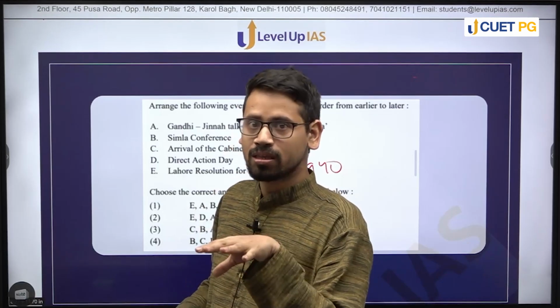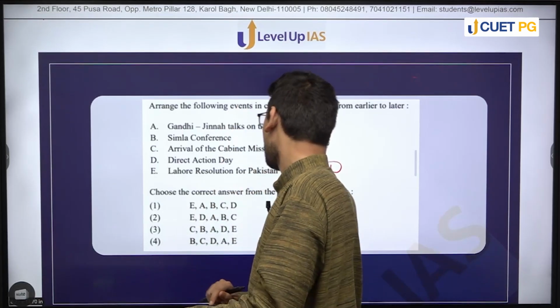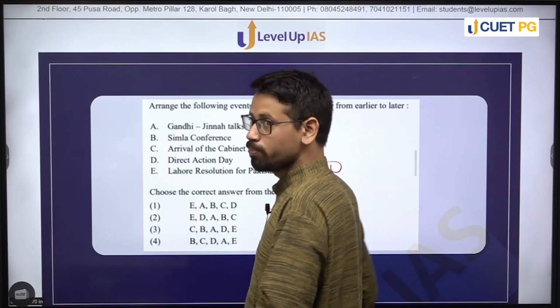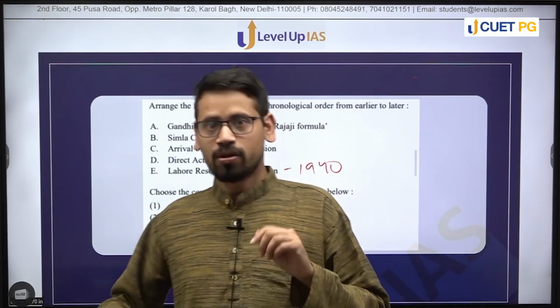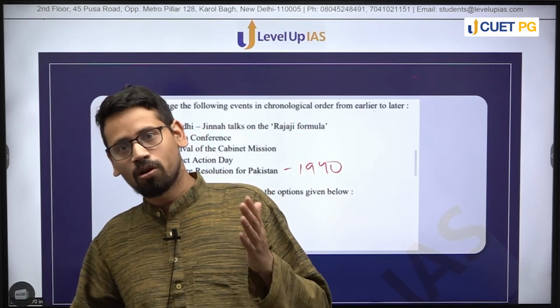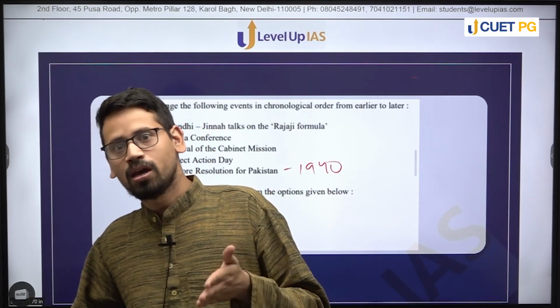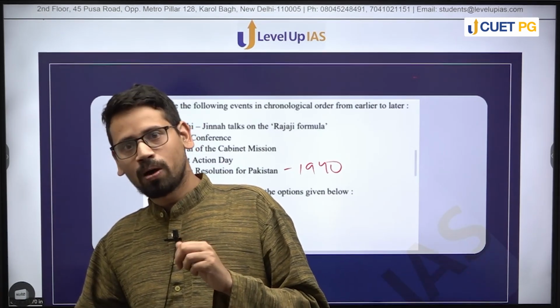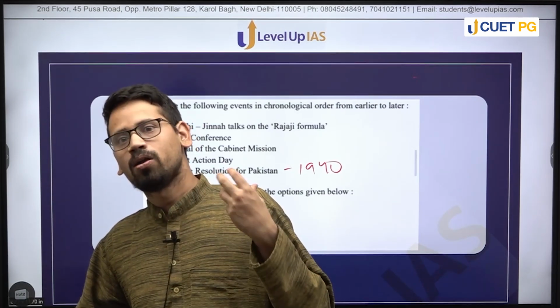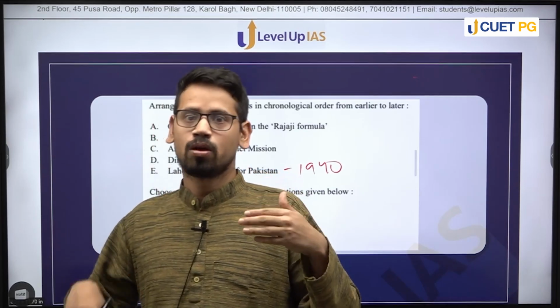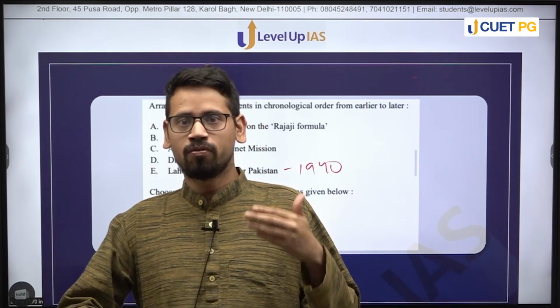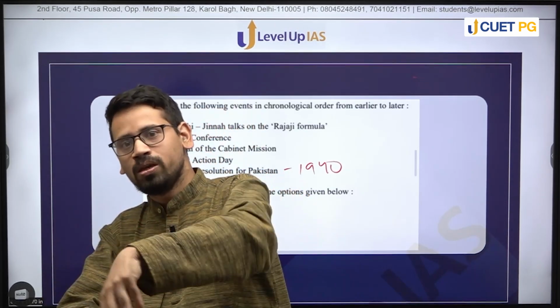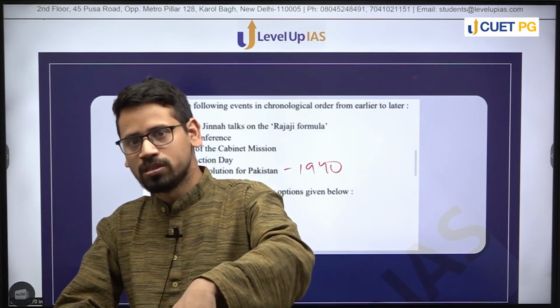In between this, we have a particular talk, which is the Gandhi-Jinnah talk, based on the Rajaji formula. Now, Rajaji formula is called Rajaji formula because it was charted out by C.R. Rajagopalachari, right? Rajagopalachari provided a kind of framework to navigate through the process of what he considered to be a possible division, right?